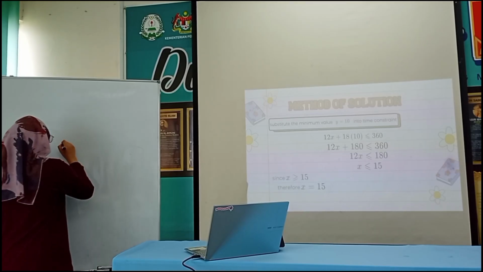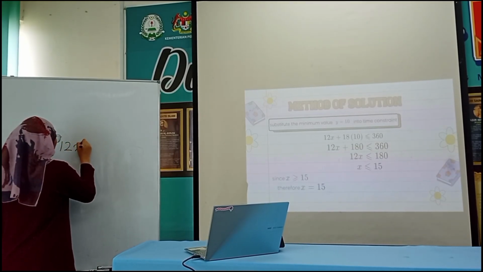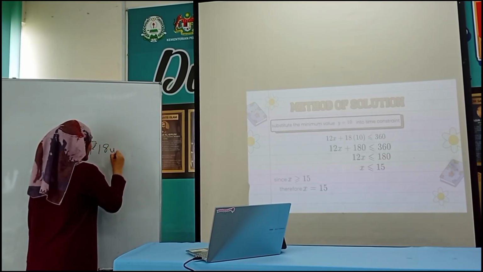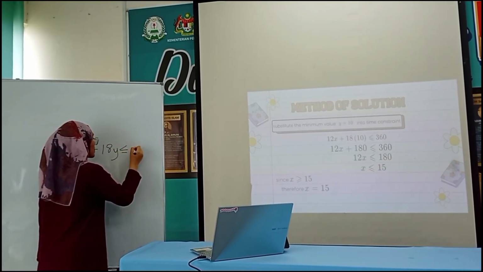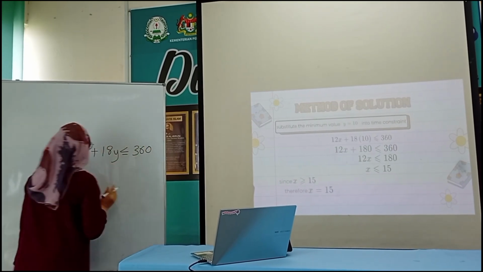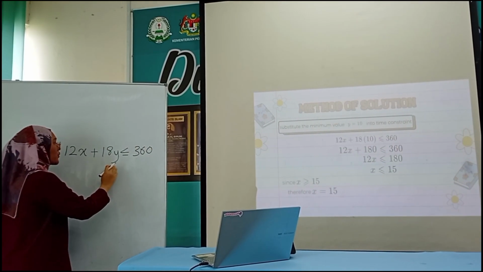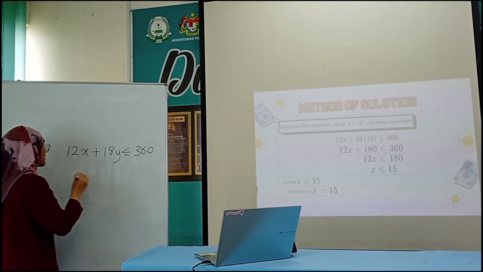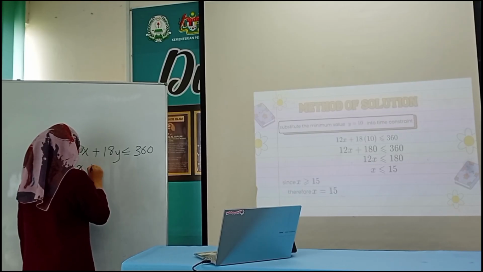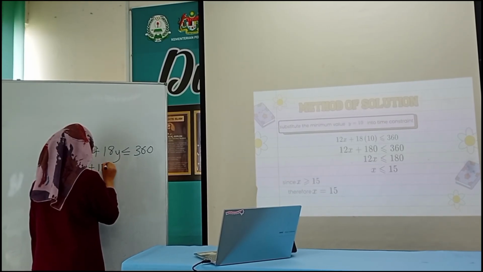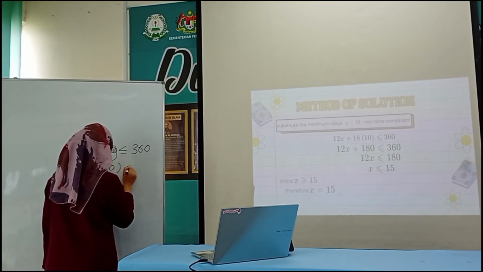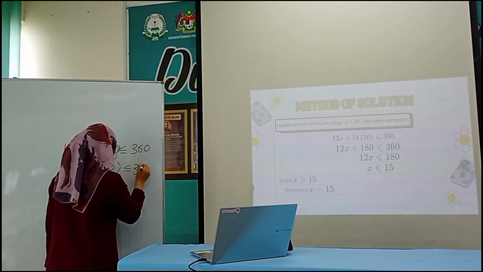So 12x plus 18y less than or equal to 360. Substitute y with 10. So 12x plus 18 in the bracket 10 less than or equal to 360.